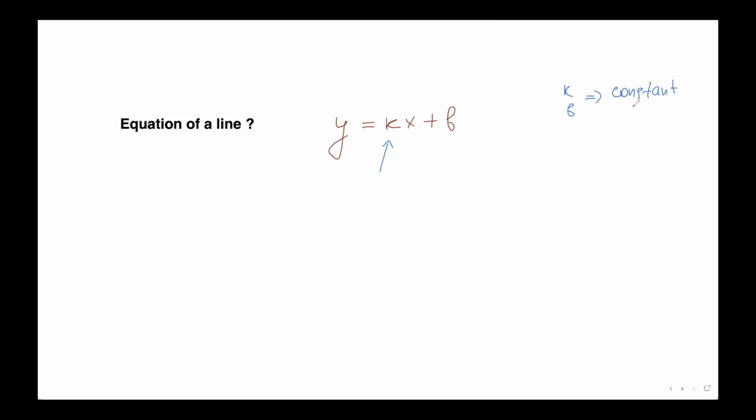They are constants. k is slope, as you know, rate of change. And what is b? b is the initial value. Another name of it is y-intercept.